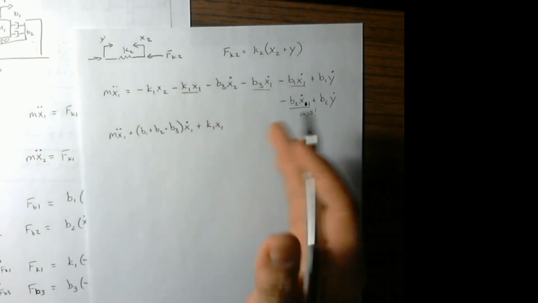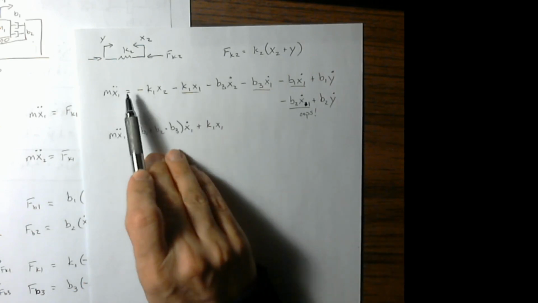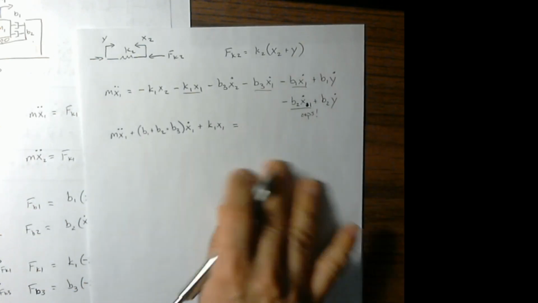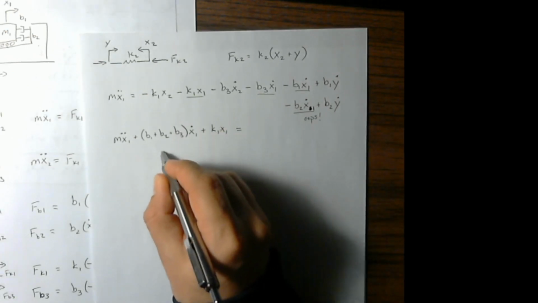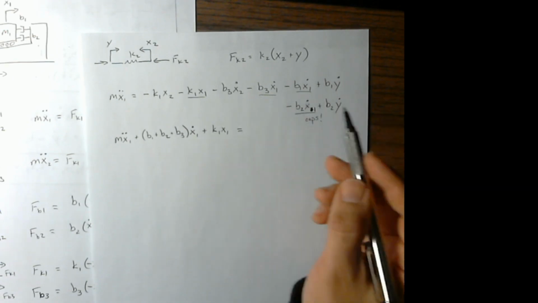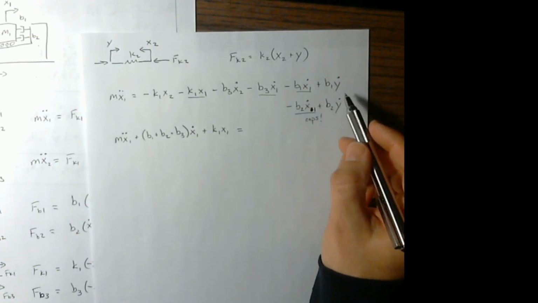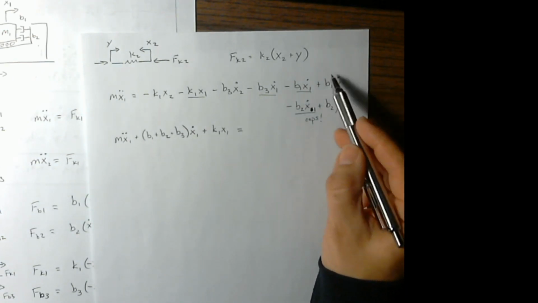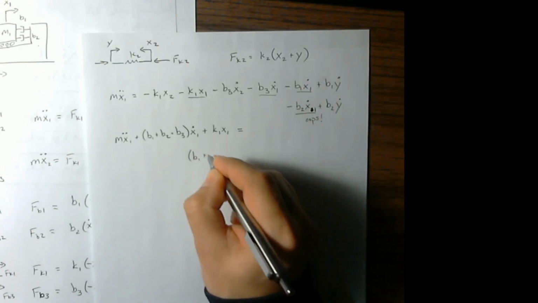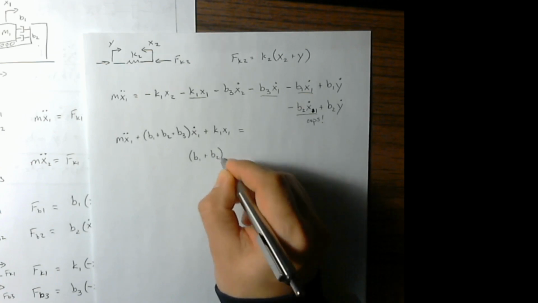You'll notice they're positive now because I'm moving them to the left-hand side of the equation over here with the mass. All right, all that is equal to, now on the right-hand side, what's left? Let's start with the y's since that's the order I did it in before. It looks like the only place where there are y's, it's all attached to b1 plus b2 y dot.